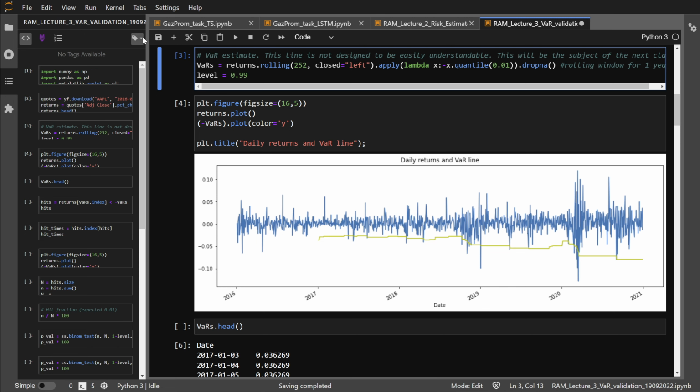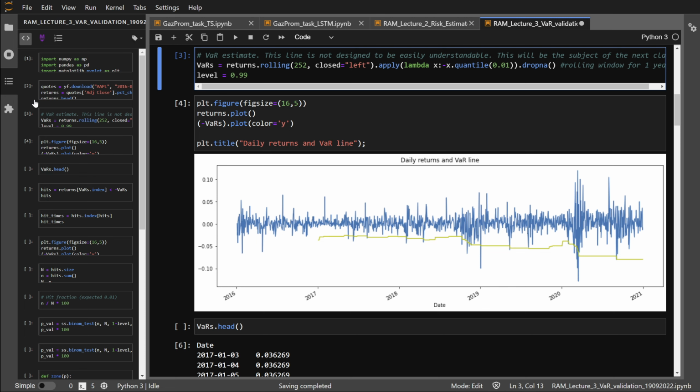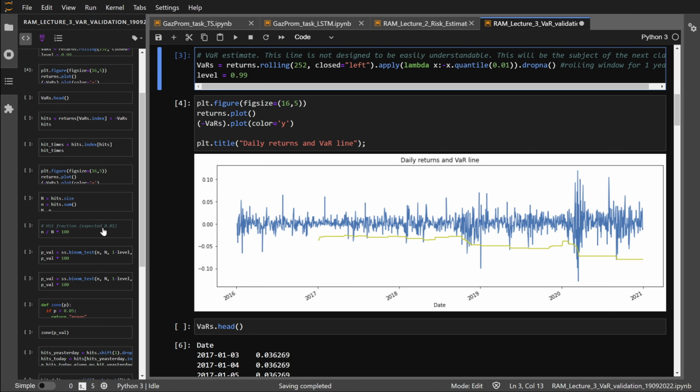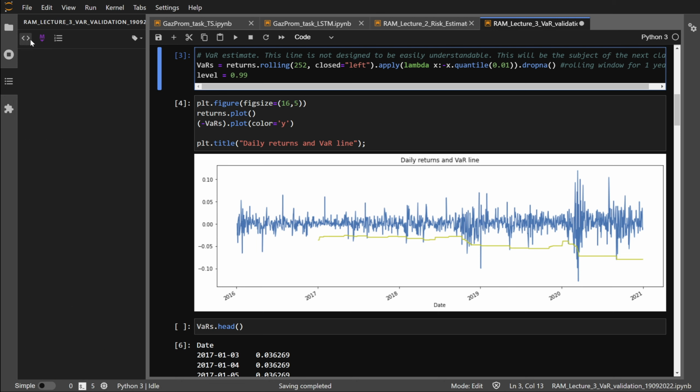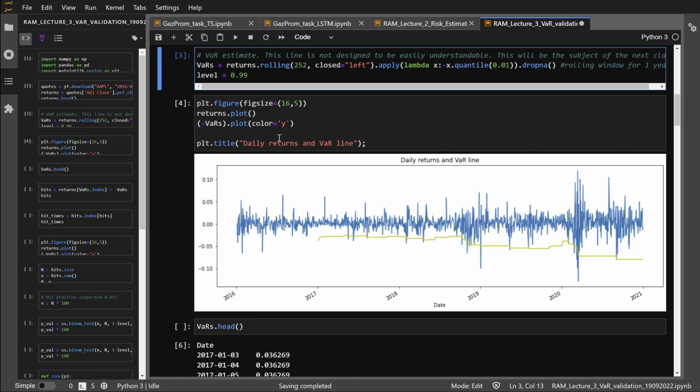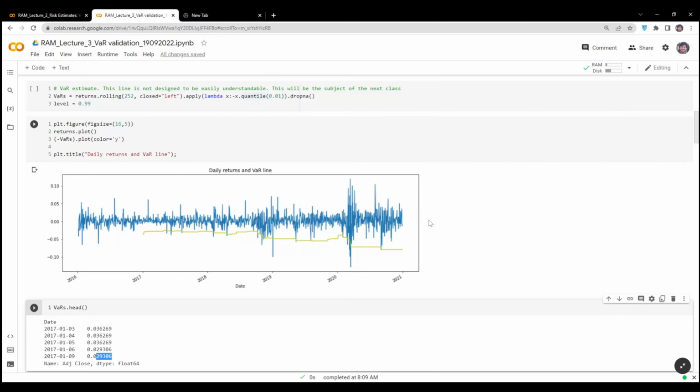Other days, probably I'm going to see events when actual losses hit my value at risk estimates. So I experience extreme losses relative to typical losses bounded by value at risk. Okay, and that actually provides me with very useful information.